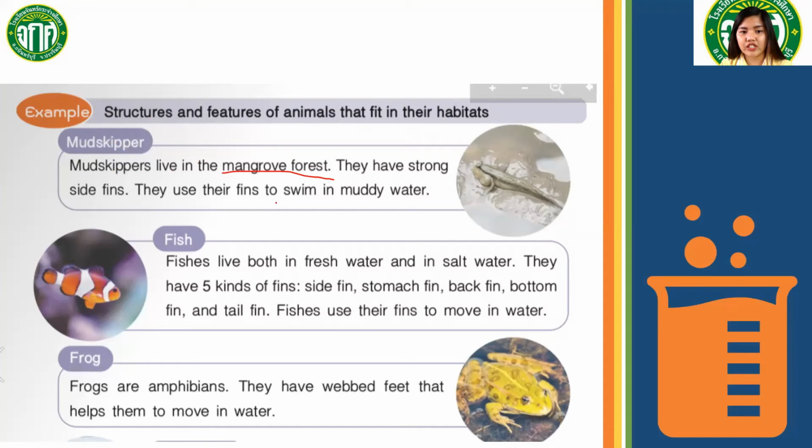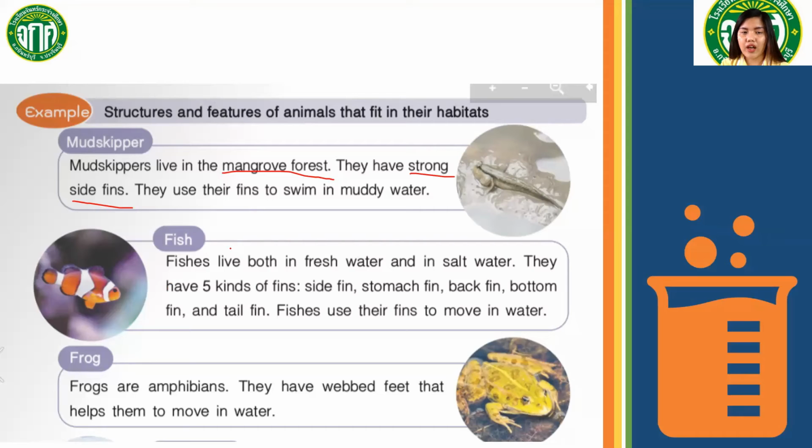They use these fins to swim in muddy water. So for them to be able to survive in the mangrove forest or in the muddy water.